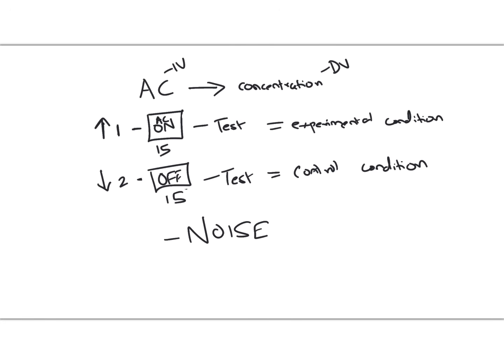Maybe there's a lot of noise outside the room of the students in the AC off condition, but there is no noise outside the room or around the room of the students in the AC on condition. So naturally, if there is a lot of noise pollution, students will not be able to concentrate. So maybe that is one reason why one group did better than the other. Another reason could be maybe the academic level.